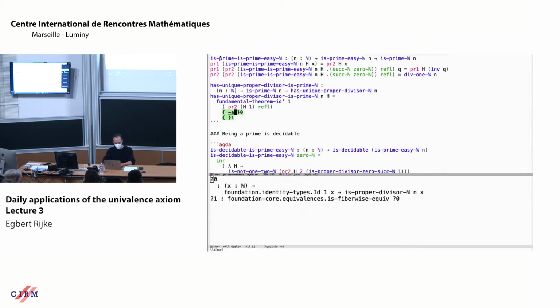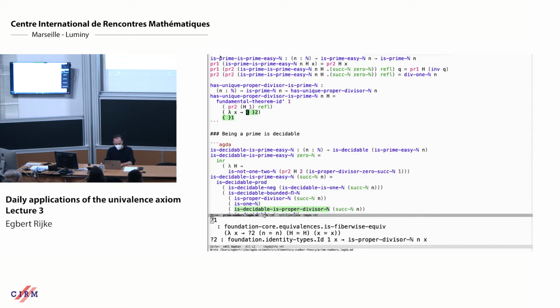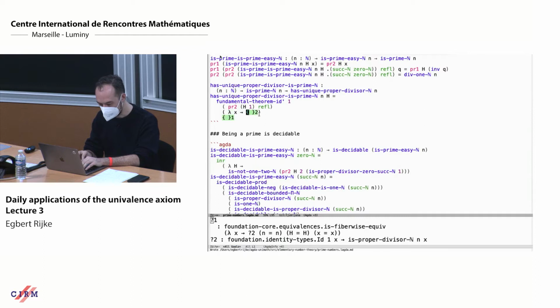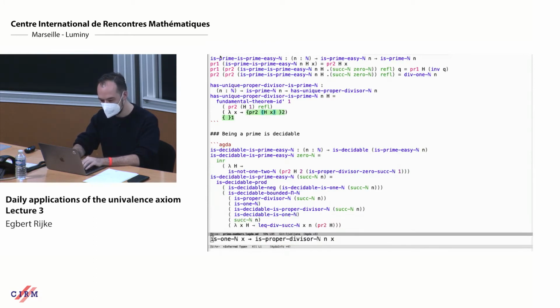This one says we should assume an x. Then we should conclude some equivalence. Oh, no, we should look in goal 2. Okay, so we should again have some goal of the form PR2H x maybe.